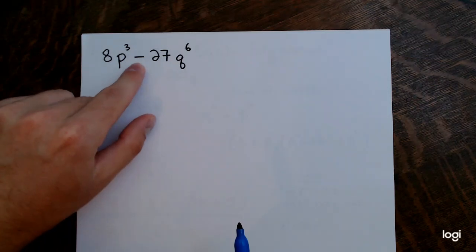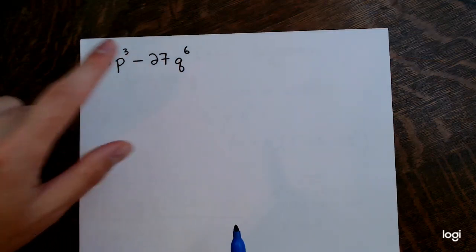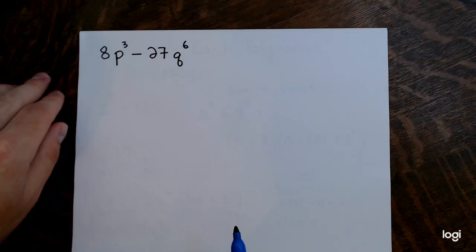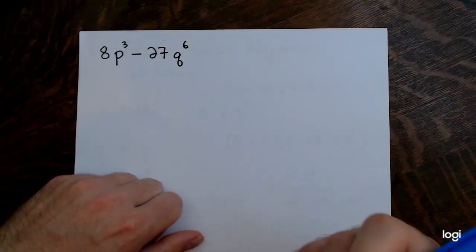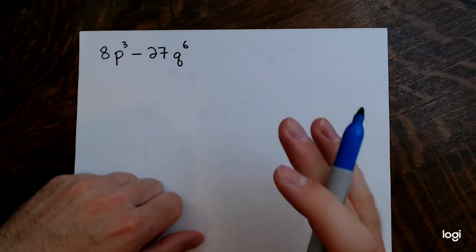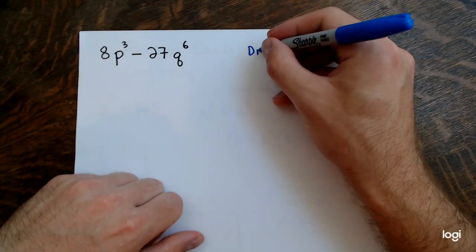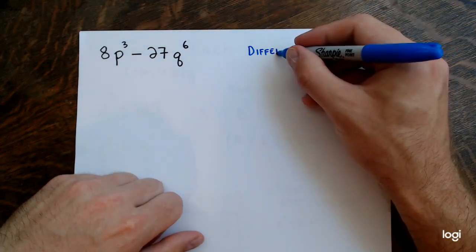It's a difference, this time subtraction, and the powers on variables are multiples of 3, right? 3 and 6. So that's an indicator that I might have, again, might, doesn't mean it's going to be, a difference of two cubes this time. It's a subtraction, difference.